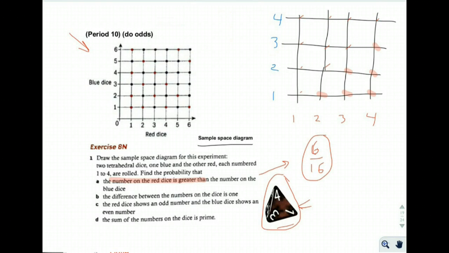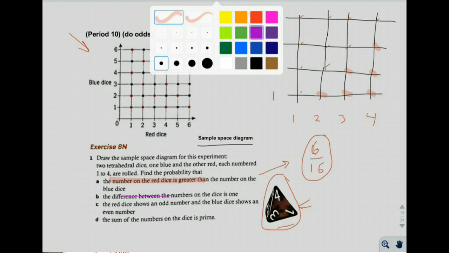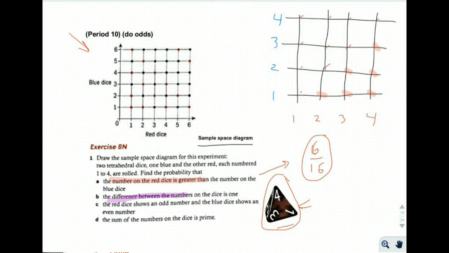Find the probability that the difference between the numbers on the dice is 1. Let's see. So we'll put that in purple. Oops, purple highlighter. The difference between the numbers on the dice is 1.